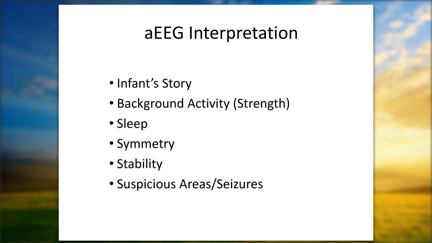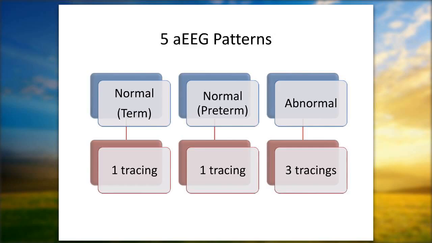So just as a reminder, these are the 6 S's that we should always be looking at, but specifically for cooling kids, there are some individual things that we want to look at in a little more detail. There are basically 5 patterns. Especially if you're teaching others about aEEG in your division, it's always good to remind people how simple aEEG really is: there are really only 5 patterns.